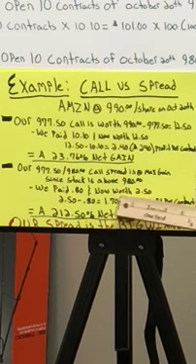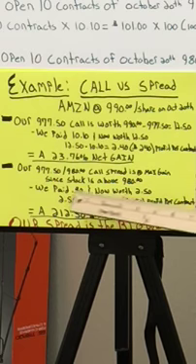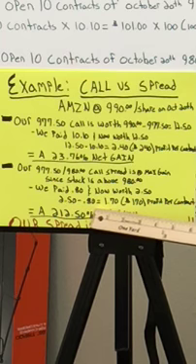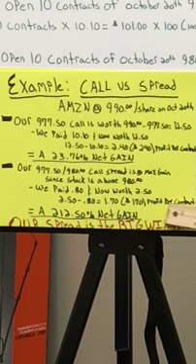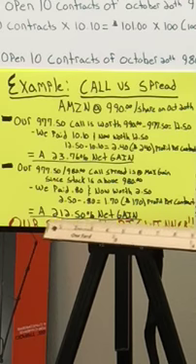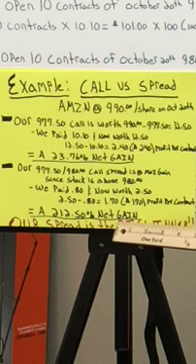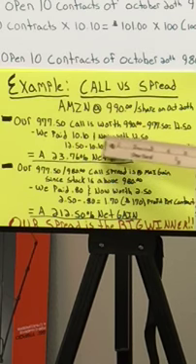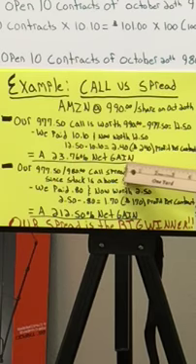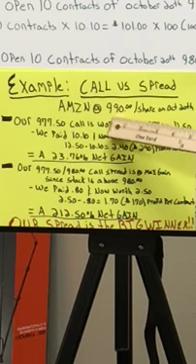It's now worth $2.50. Like I said, $2.50 minus 80 cents, that's $1.70 or $170 profit per contract. That's a 212.5% net gain with the spread. So with the calls, we only made a 23.76% net gain with the stock at $990.